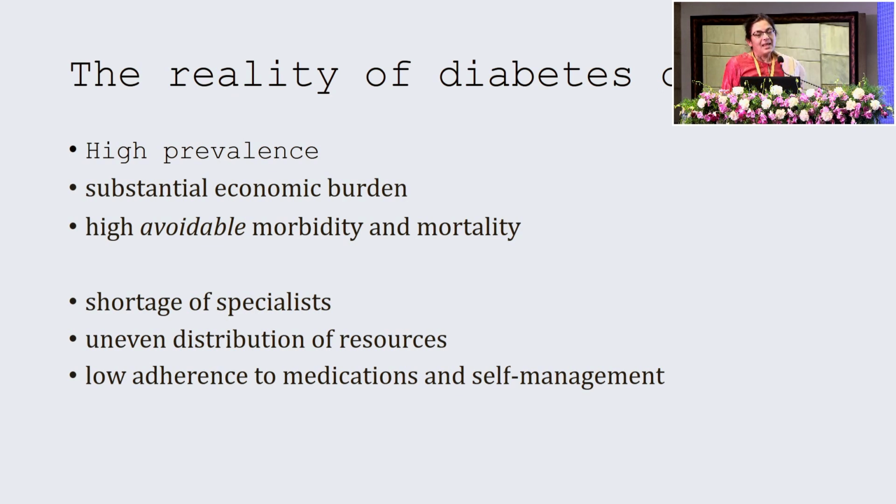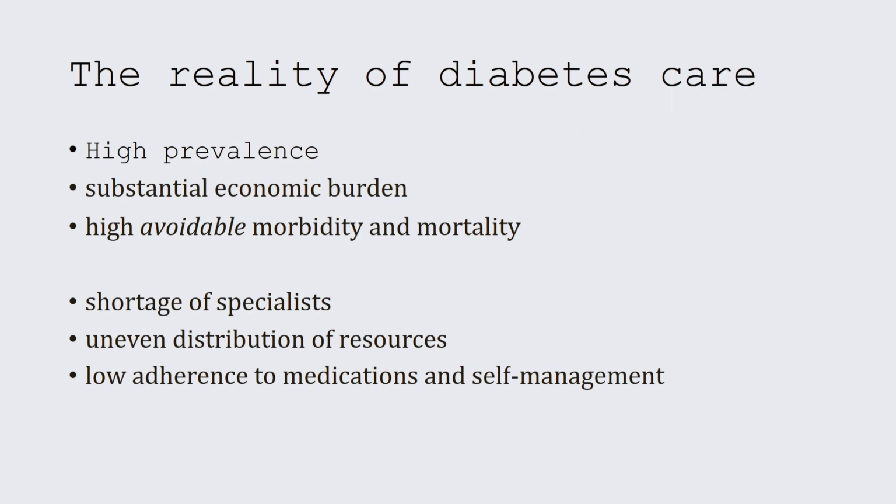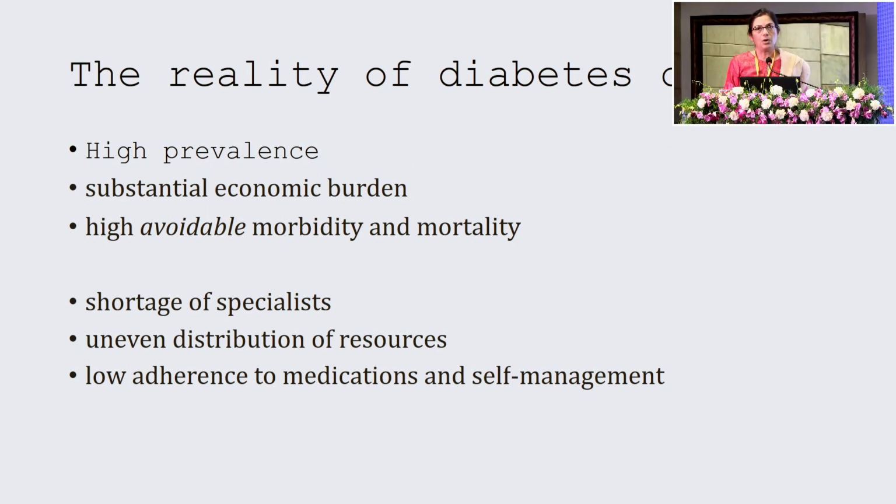So the reality of diabetes care, and why diabetes is perhaps particularly suited to AI, is because it has a high prevalence. There is a significant economic burden when you have diabetes, and the mortality and morbidity in diabetes are highly avoidable if only it was caught and treated in time. Now, if only it was caught and treated in time is the key.